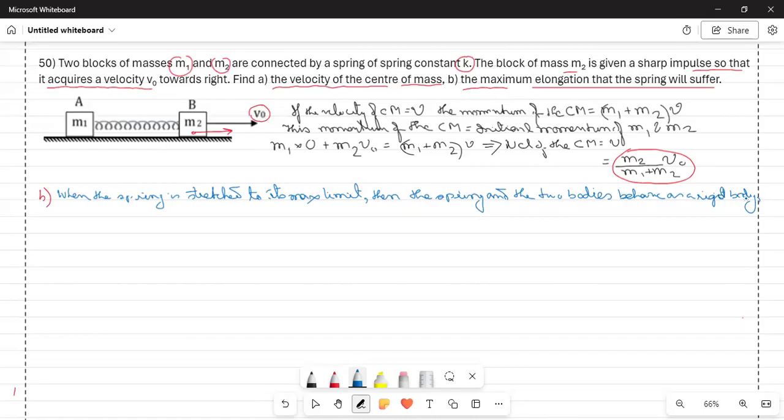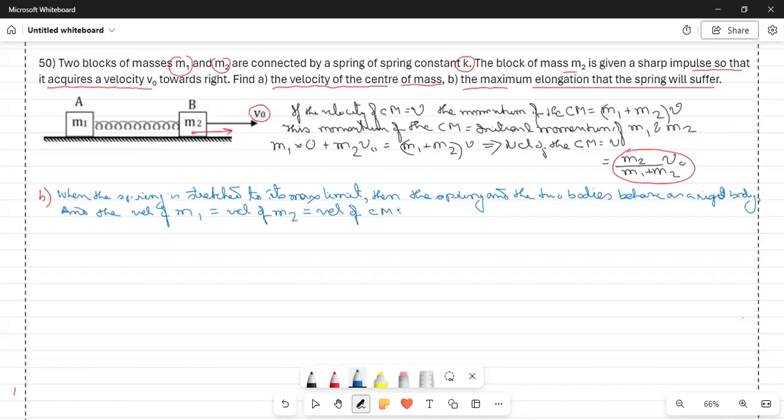When it becomes a rigid body, at that time, the velocity of M1 will be equal to the velocity of M2, which will be equal to the velocity of the center of mass, because it is a rigid body.